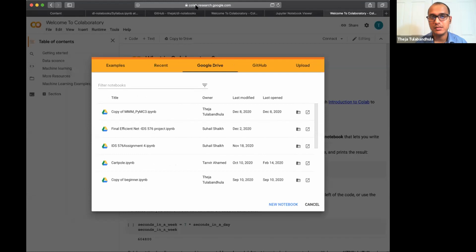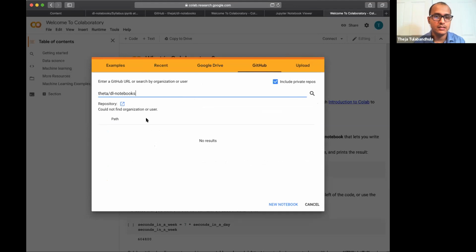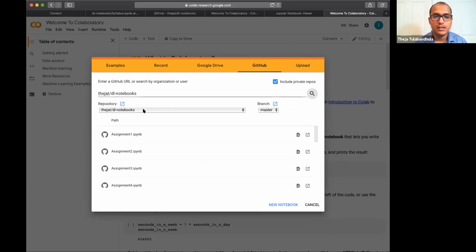You can just type colab.google.com or colab.research.google.com. You will need a Google account. I'm using my UIC account, but you can use any of them. Here you can click GitHub, and it has found this particular repository. It's a handy way to get access to a GitHub public repository.